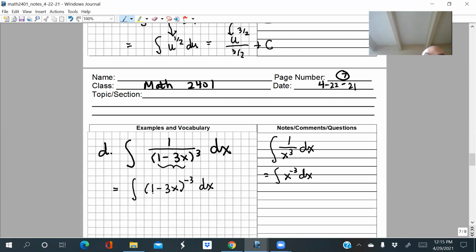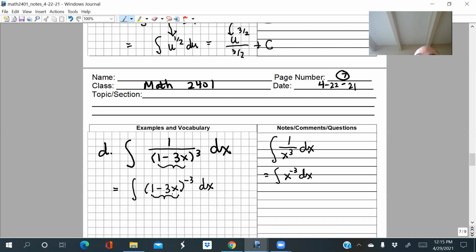And then we just have to realize, here I have not just x to a power, but an expression involving x raised to a power. So that's one of the key things you want to recognize. If you have x raised to a power, you can integrate that using just the anti-power rule.